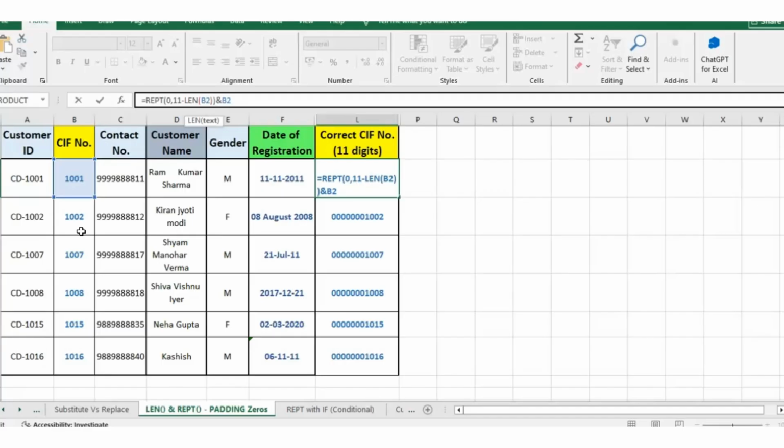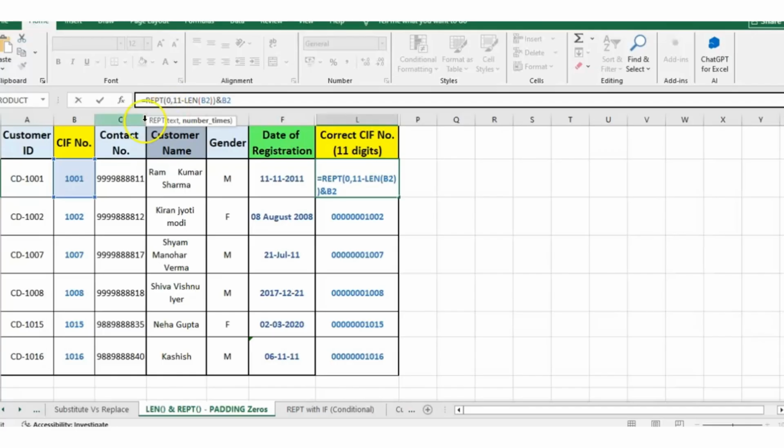So to make this formula dynamic, whatever is the length of the existing CIF number, that number of digits should be subtracted from the maximum length which an updated CIF can have. The result of 11 minus length of B2 will give us the number of times we want the repeat function to repeat 0 before concatenating it with the existing CIF number.